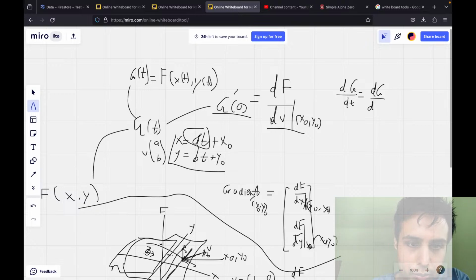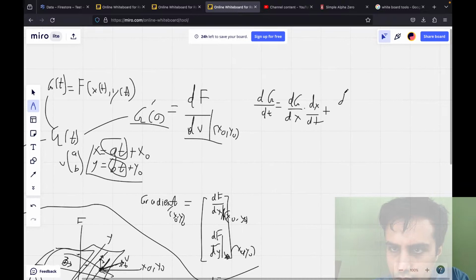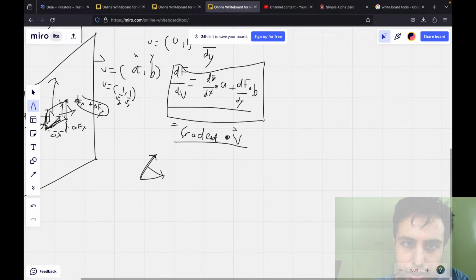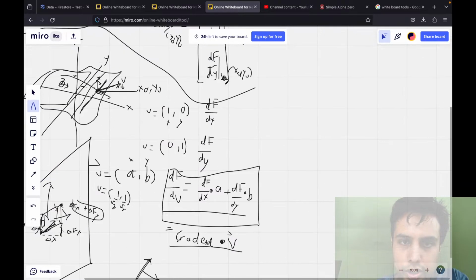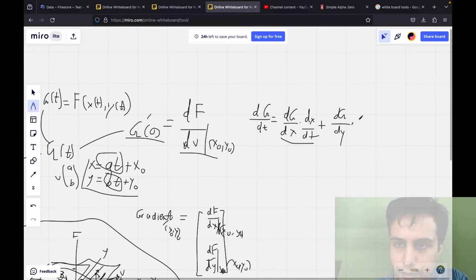Specifically, we can look at these two terms: dg dx times dx dt, this is the chain rule in multiple dimensions, the more generalized chain rule, plus dg dy times dy dt. The left term gives us how much we get from the x direction in this vector, and the other is the y direction component.